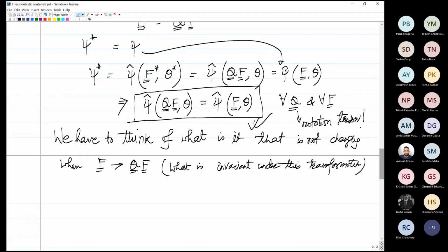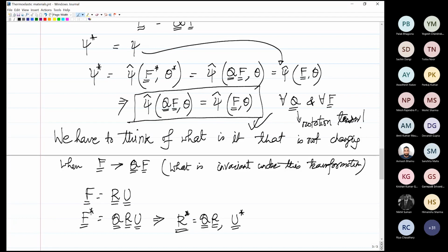And indeed that is true, because when you do polar decomposition of F, you get R times U. And when you do it for F star, you have Q times R times U. So here your R star is actually QR and U star is U. So R star is changing, but U star is not changing.